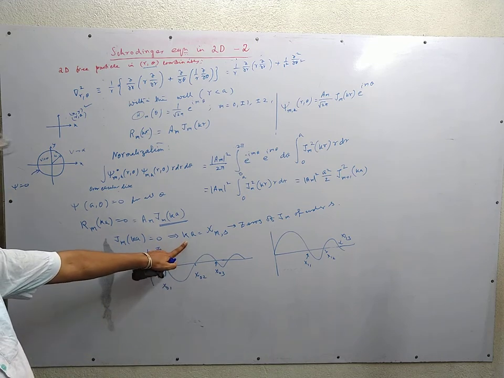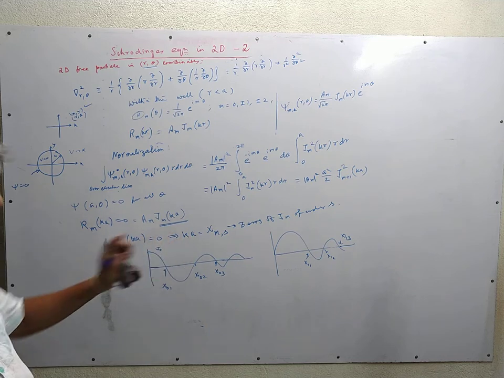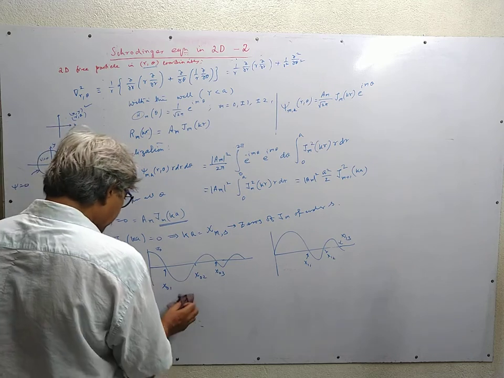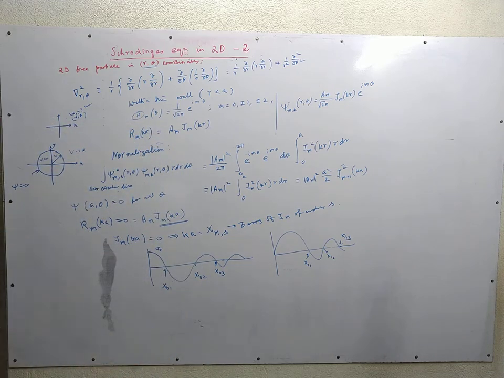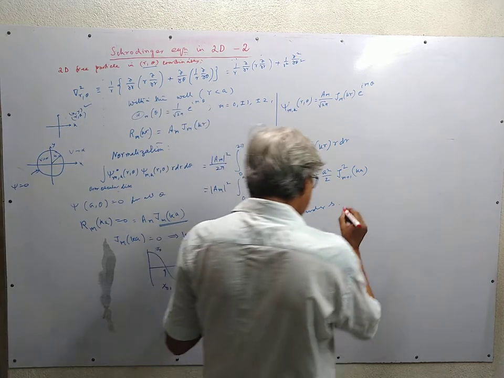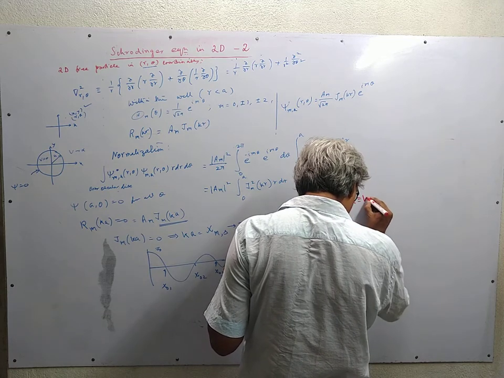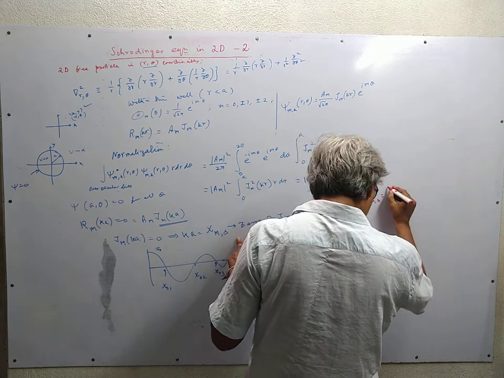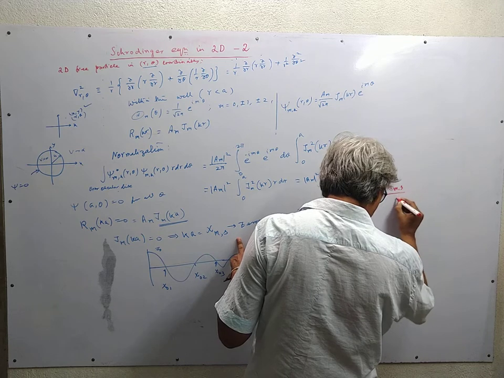So we see that the k values are no more continuous. There are only a few k values, which are given by the zeros of the Bessel function. That is to say that k is quantized. We write k depends on m and s, and it is given by x_ms by a.